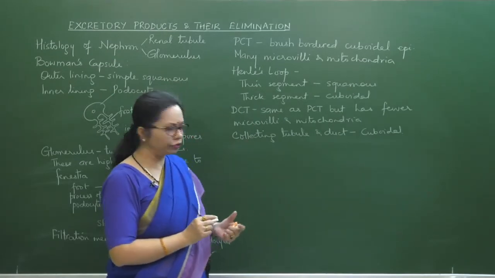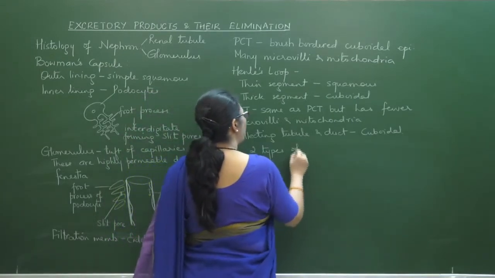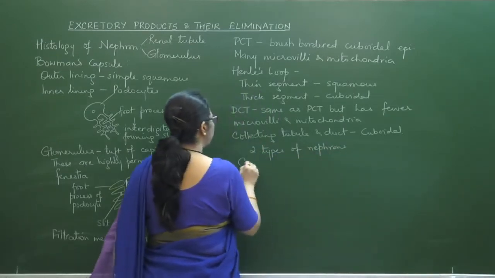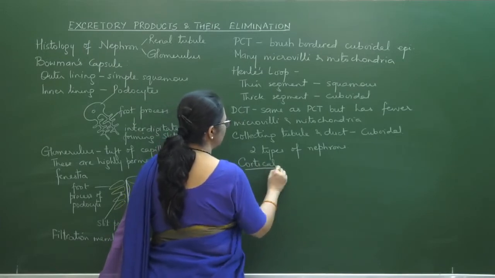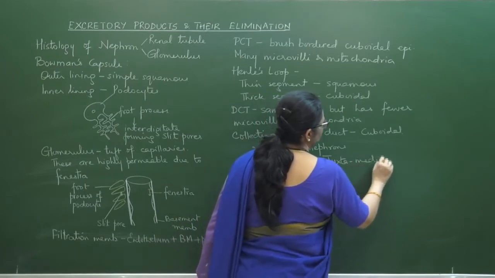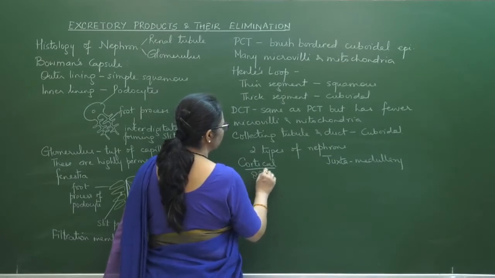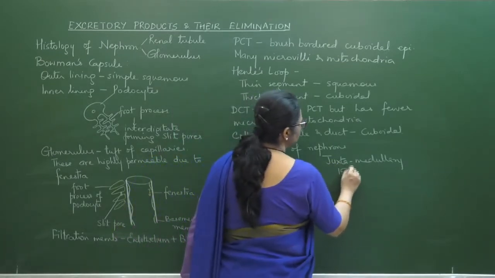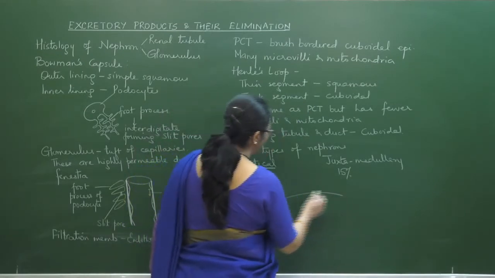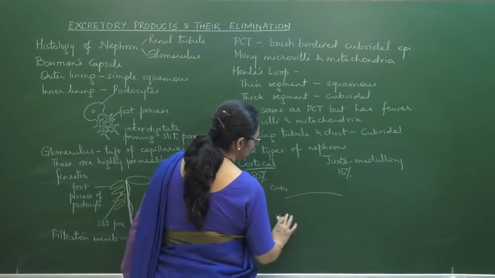Then we have two types of nephrons. One is the cortical ones, and the other is juxtamedullary. These cortical ones are 85% of the total nephrons and the juxtamedullary are 15% of the total nephrons. So the basic difference, I'll just draw it here, you see. Suppose this is the cortex, and here this is the medulla.